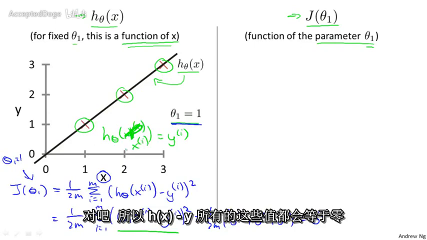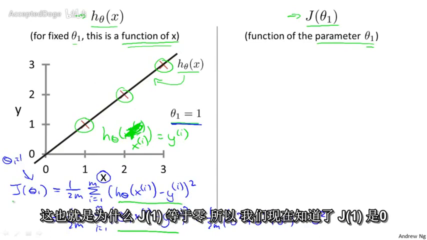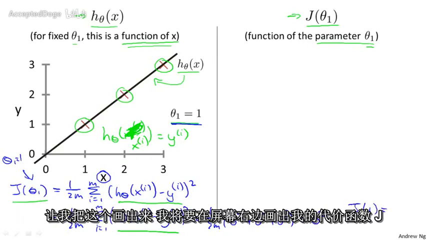And so h of x minus y, each of these terms is equal to 0, which is why I find that j of 1 is equal to 0. So we now know that j of 1 is equal to 0.